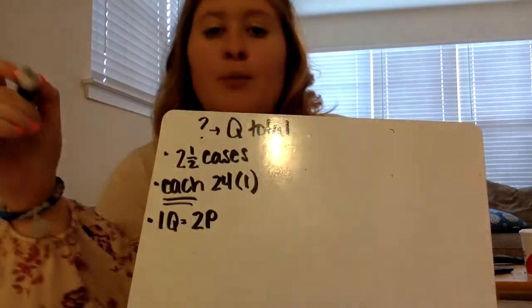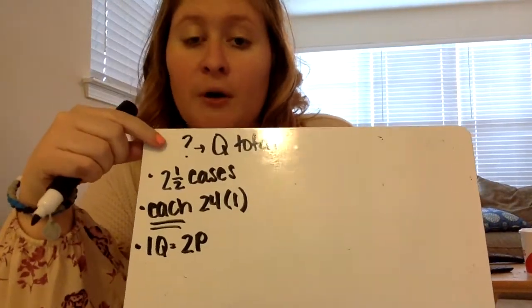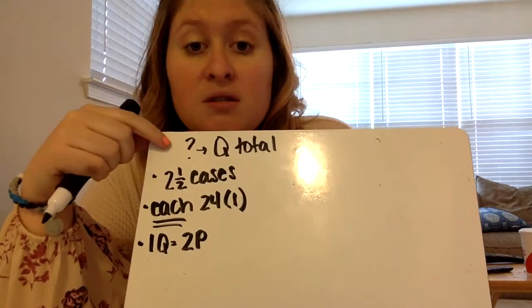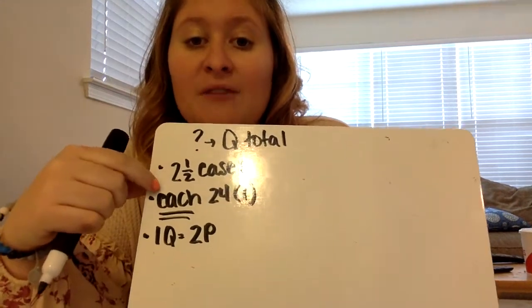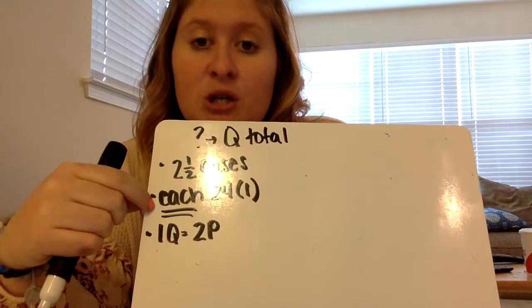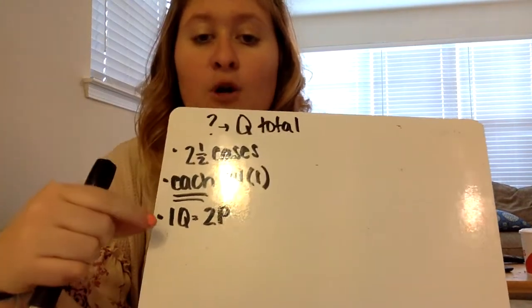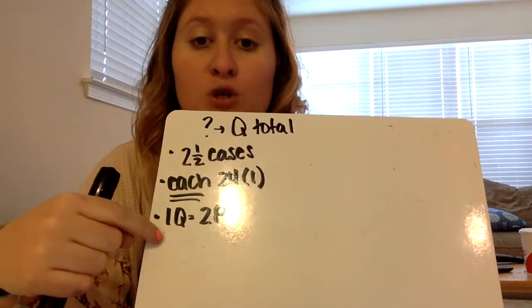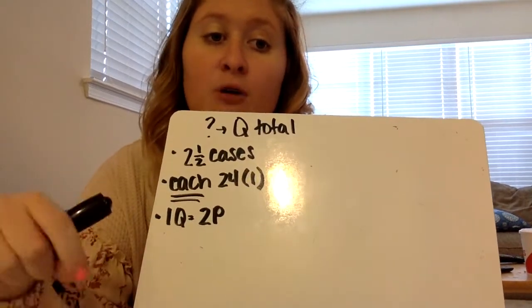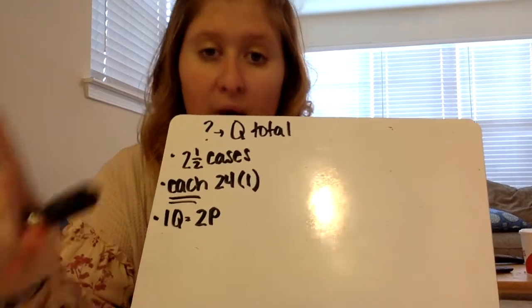So far, if you're setting up your problem, we're wanting to know the total amount of water they drank, but we're looking for it in quarts. We know they drank 2.5 cases of water. Each case, so 1 case, has 24 bottles of water. And we know that 1 quart is equal to 2 pints because each bottled water was equal to 1 pint.